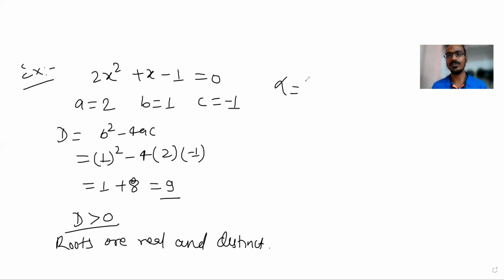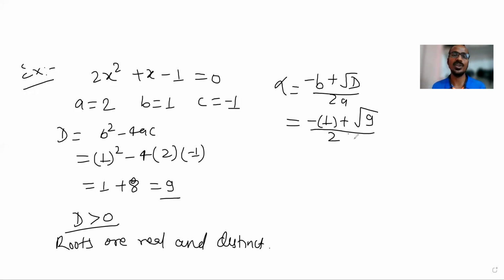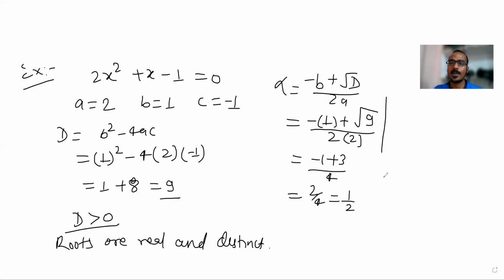Now what is the value of alpha? Minus b plus under root D by 2a is equal to minus 1 plus under root 9, by 2 into a, 2. Minus 1 plus under root 9, 3, by 4. 3 minus 1, 2 by 4, is equal to 1 by 2. One root is 1 by 2. Now what is beta, guys? Minus b minus root D by 2a.